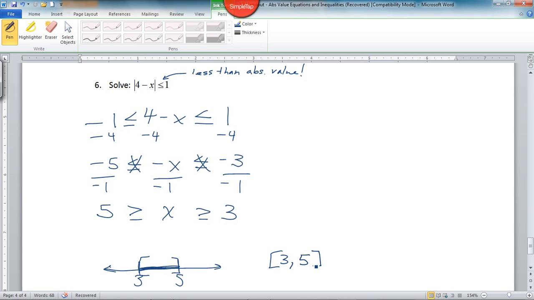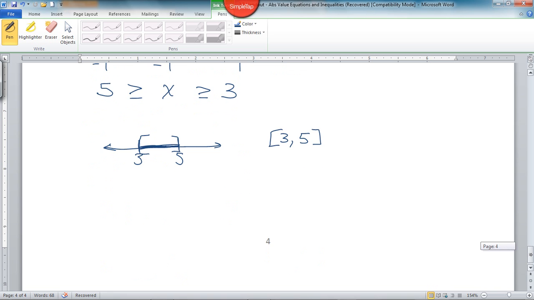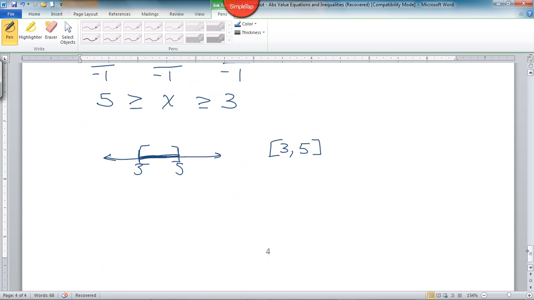One other quick little word here. Might note here not to get too carried away, because this is only what we need to do for an absolute value inequality. If I'm just doing 5x plus 3 greater than 13, that's not an absolute value inequality. In that case, all I have to do is solve that out.